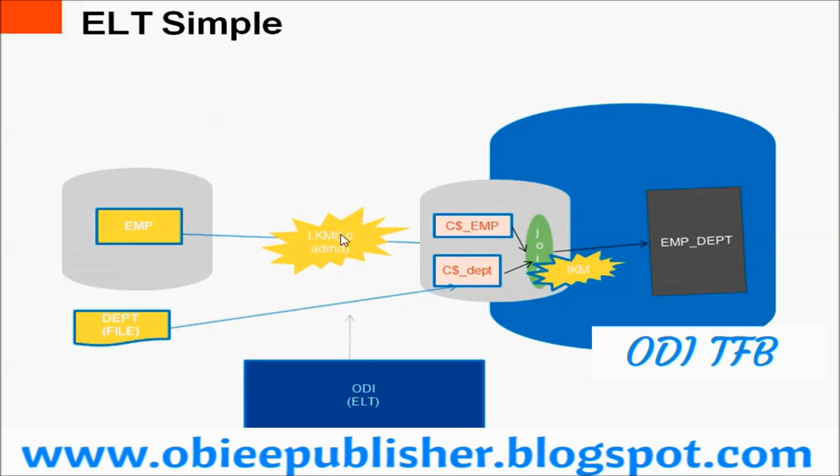Since it is going to use database commands only, for example, if I have a Teradata table here, ODI will generate a Teradata powerful utility, let's say FastLoad, MultiLoad. Any utility of Teradata, it will use to make things much faster.